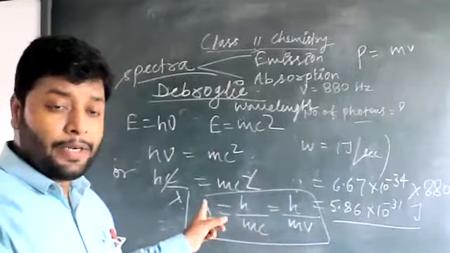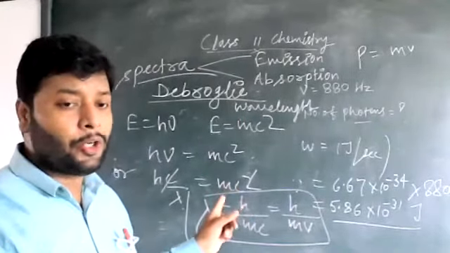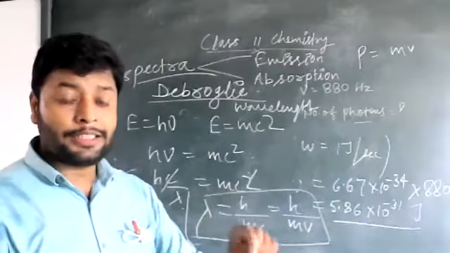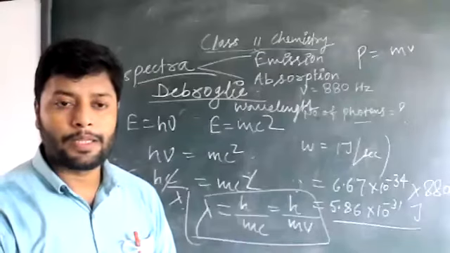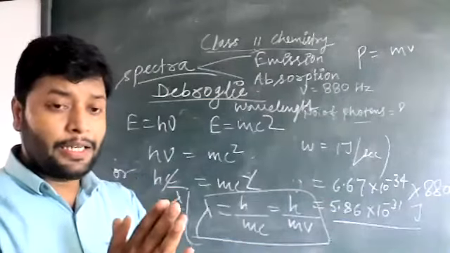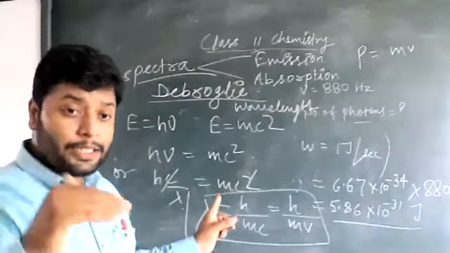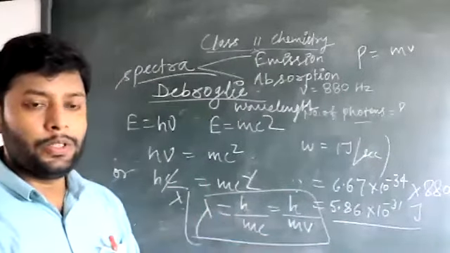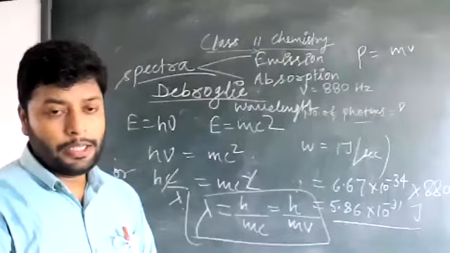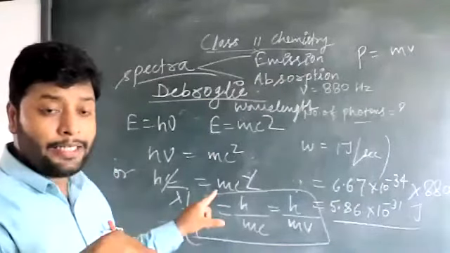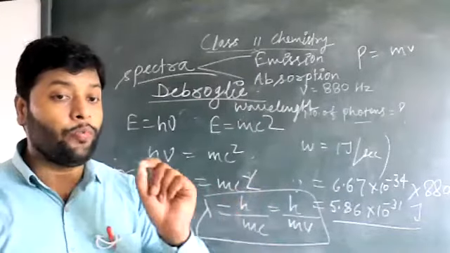If the value of lambda is lower than a picometer, then the body is not considered a wave particle. Because for a wave particle, the body must have a value of lambda greater than a picometer, 10 to the power minus 12. If lambda is lower than 10 to the power minus 12, the body no longer has wave nature.